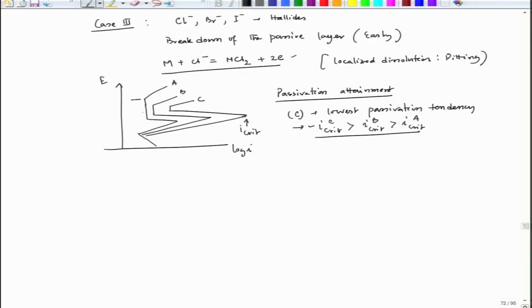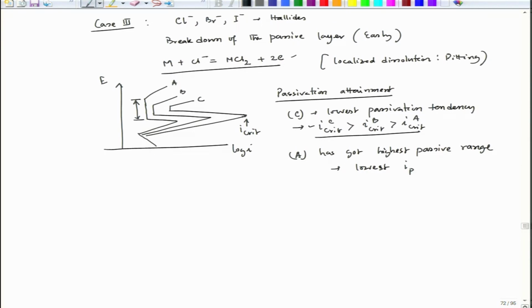Now, coming to the other segment, if we try to see the passive region breadth, there also A has got the highest passive range among all three A, B, C, and the lowest I passive, that means passive current density.